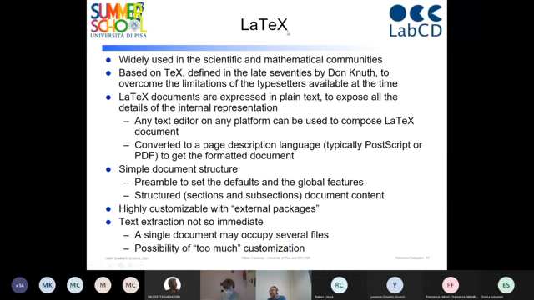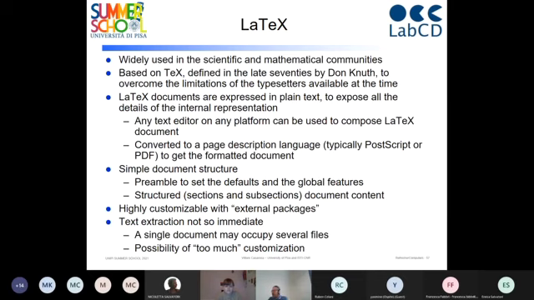The next one may be of less interest in the humanities: LaTeX. This is the Greek letters key, so it's pronounced LaTeX. It is very much used in mathematics and chemistry because with this type of document format it is very easy, between quotes, to represent mathematical formulas or chemical compounds without too many complications.